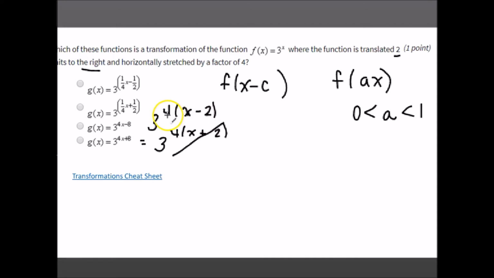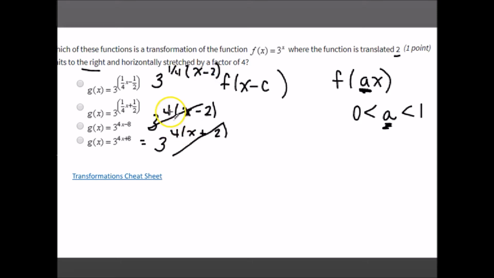Let's talk about this 4 out in front of here. The 4 out in front of the x needs to be between 0 and 1. 4 is not between 0 and 1. Not a winner. So let's go up to A, since we're running out of room. We're going to factor out a 1/4 in front, and we're left with x minus 2.